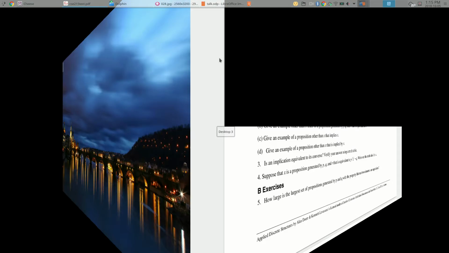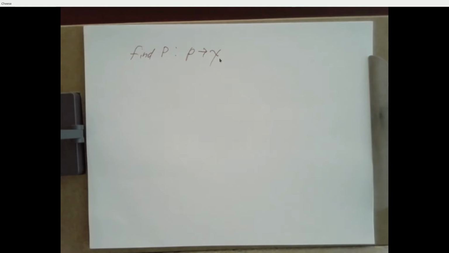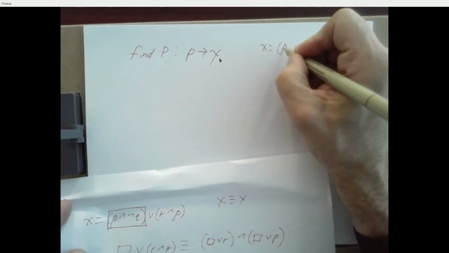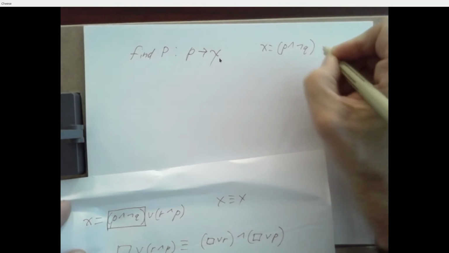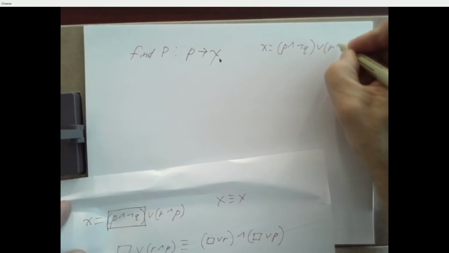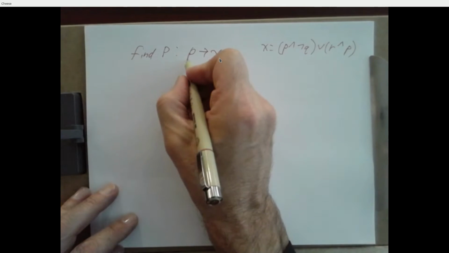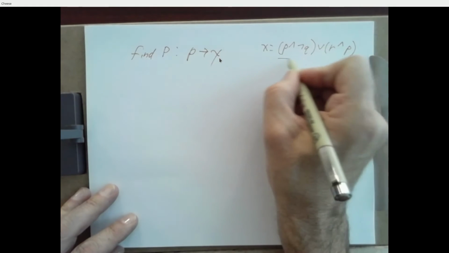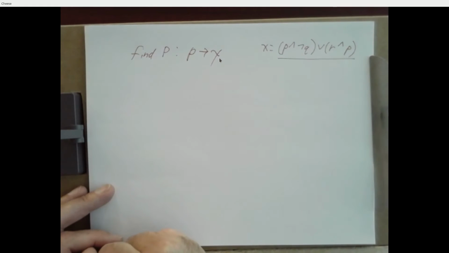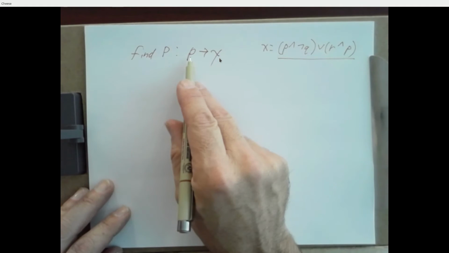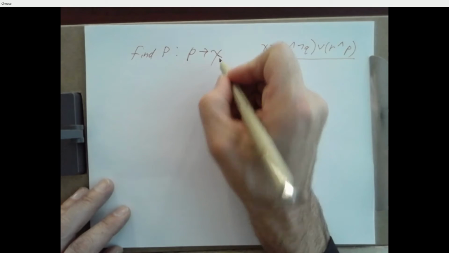Find a proposition P such that P implies X. And remember, X is P and not Q, ORed with R and P. So you want some proposition P so that if P is true, this is true. And it's not equivalence. We're not looking for something that's equal to X. We're looking for something that if it's true, then X is true.